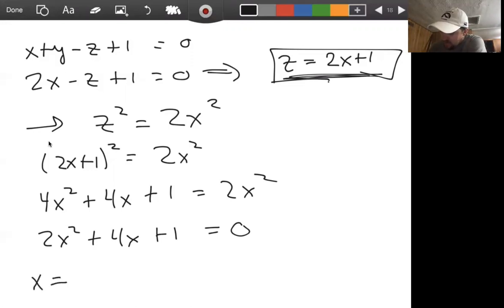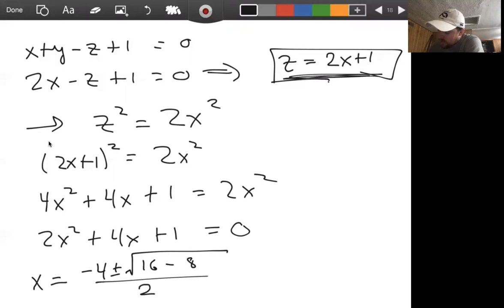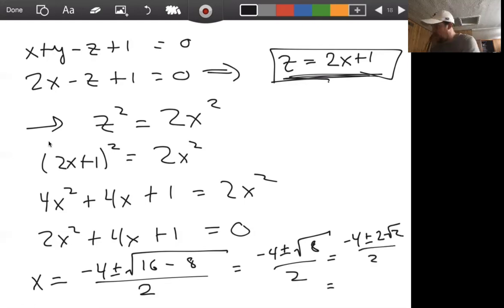So we have x is equal to -4 plus or minus the square root of 16 minus 4 times 2, so minus 8, all over 2, right? Which is -4 plus or minus, well, 16 minus 8 is 8, over 2, which is -4 plus or minus 2 root 2 over 2, which gives us -2 plus or minus root 2, right?